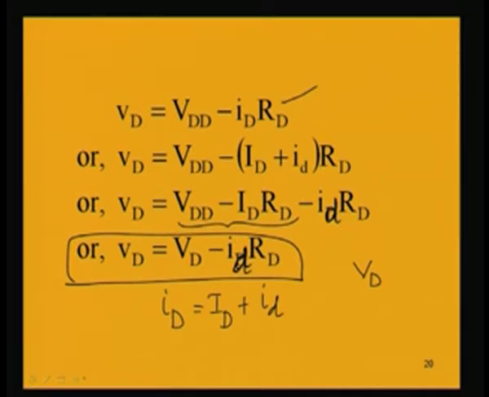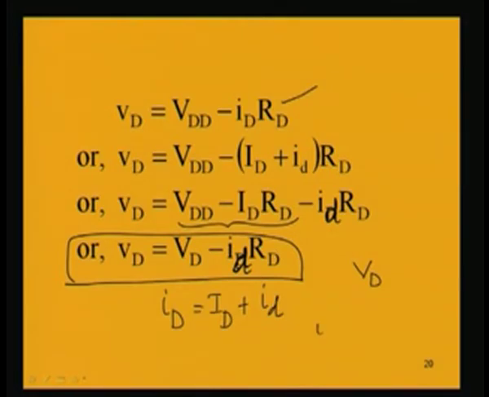Now, if we consider this whole equation, which part will be only the AC part? This part, small i_d into R_d with a minus sign, this is the AC part, but the other part is the DC part.